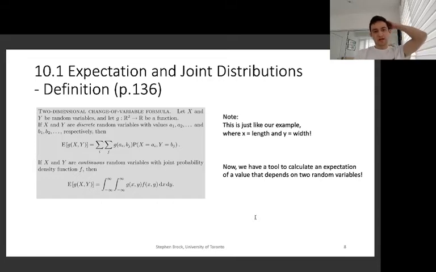All right, so let's now look at a more formal definition.